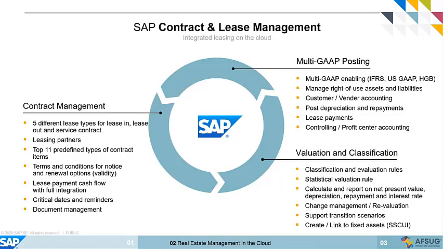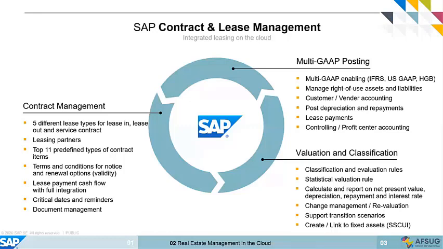Contract and lease management consists of three main components. First of all, we have contract management, and here I'm just going to rattle off some of the things it can do, but I'm going to show you some of this functionality shortly. So you're able to create and maintain contracts. You can assign existing business partners.